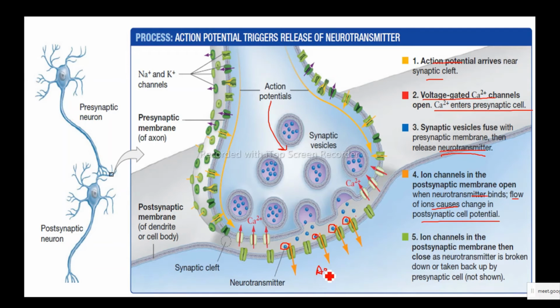From chemistry, you know that acetyl is just CH3. Choline you can find out, however you don't need it. So it breaks down the acetylcholine into acetyl and choline groups.